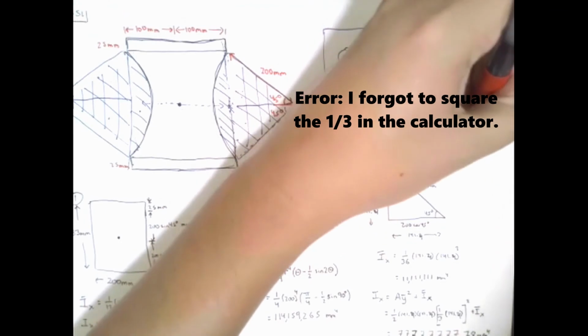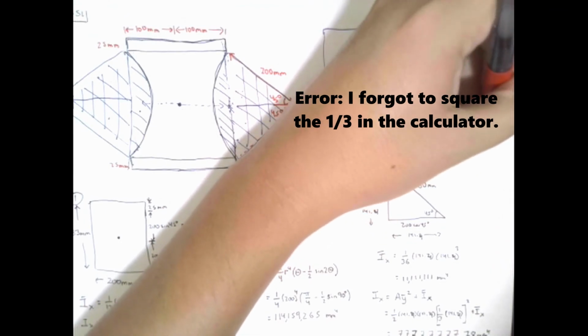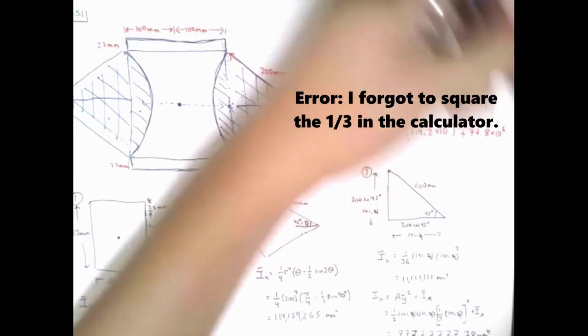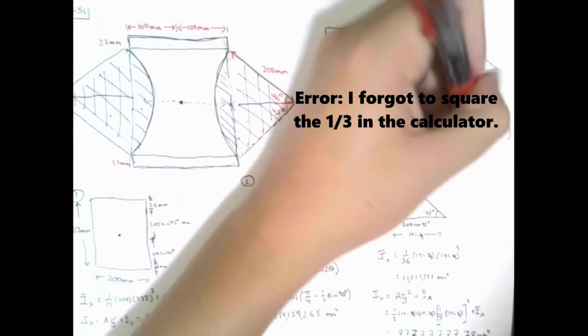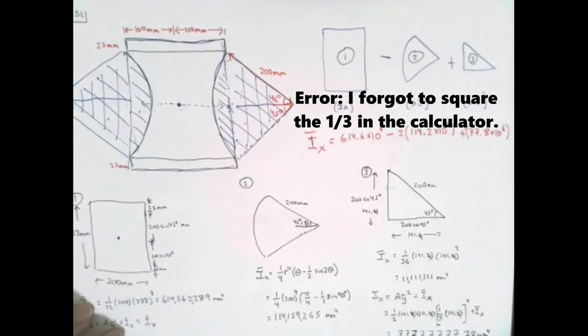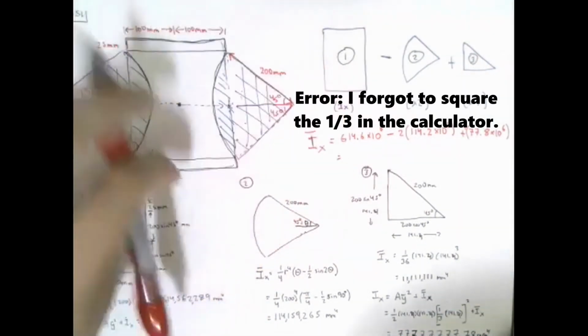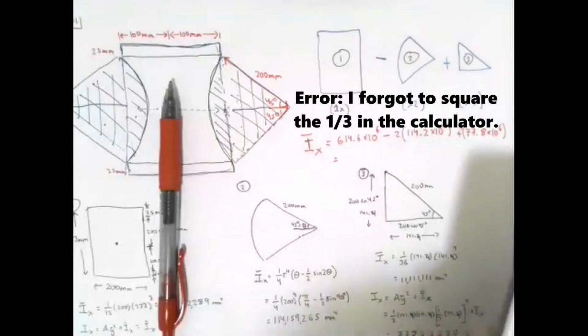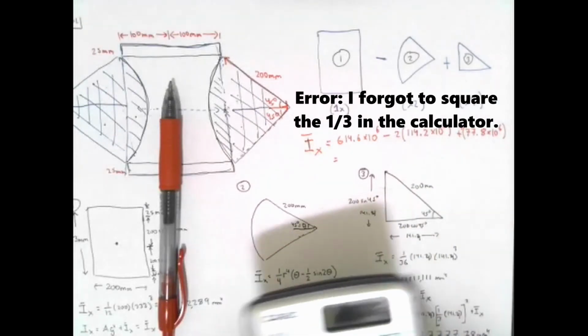So that's 77.8 times 10 to the 6, multiplied by 4. I'm going to round just because I haven't kept track of all these numbers.